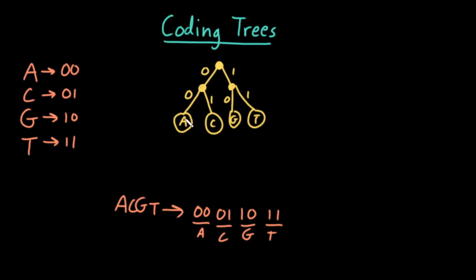So A is represented by the path 0, 0. C is represented by the path 0, 1. G is represented by the path 1, 0. And T is represented by the path 1, 1.